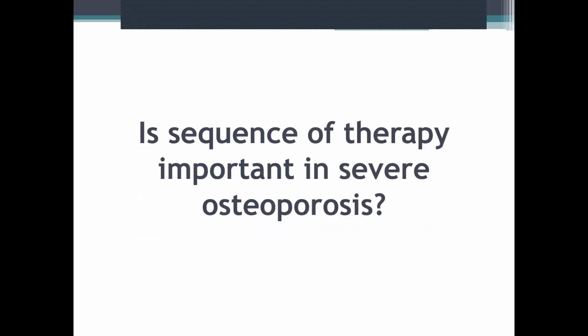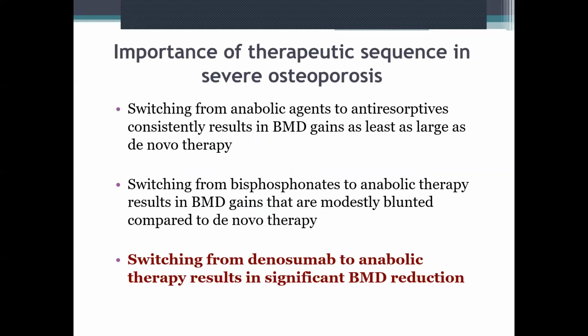So coming back, is the sequence of therapy important in severe osteoporosis? If we switch from anabolic agents to anti-resorptives, we will have very good BMD gains. And that's been proven in multiple studies. But the only problem for us, I guess, in the sense of local practice, is that the way we prescribe our medications is limited by what the PBS allows or reimburses.